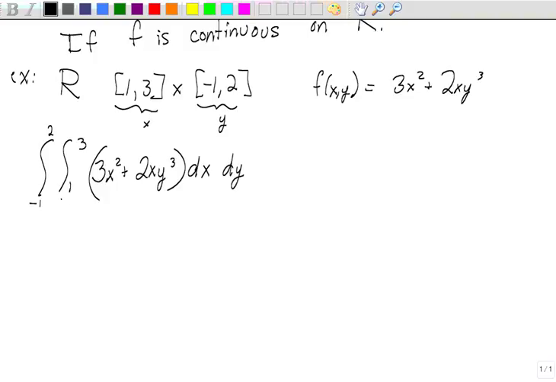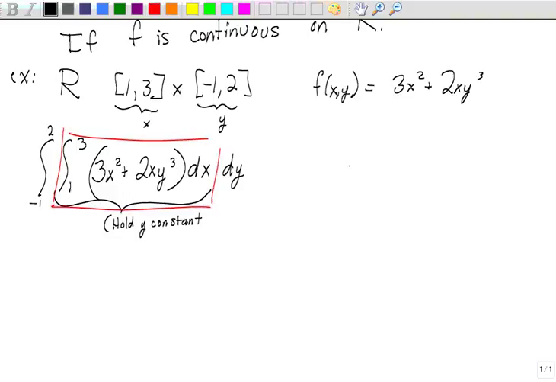When I do this with respect to x, it's like holding y constant, just like with partial derivatives. I'm not going to put an equal sign here because it's not going to be equal.